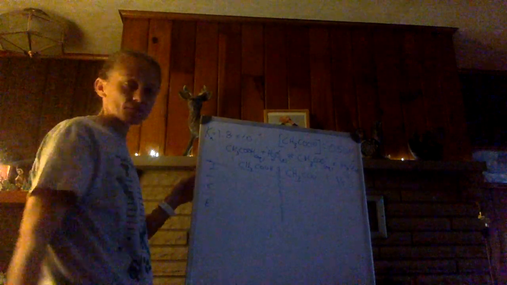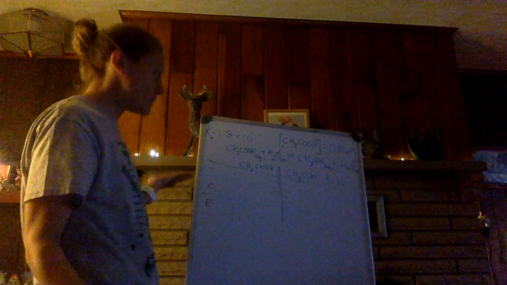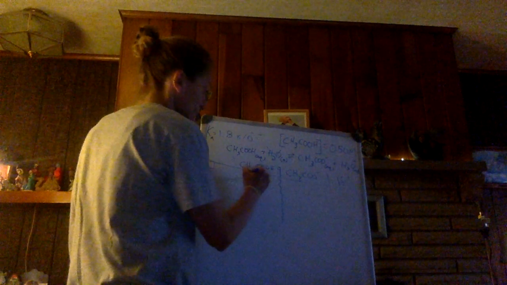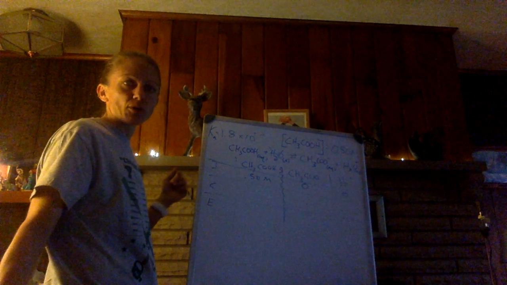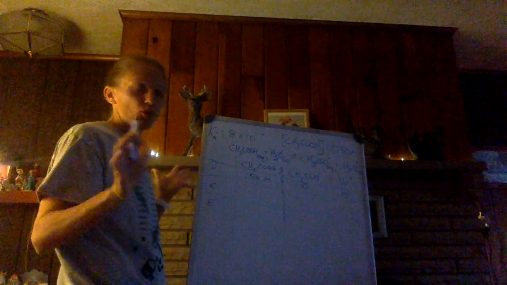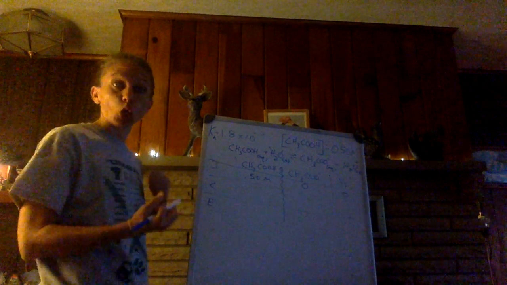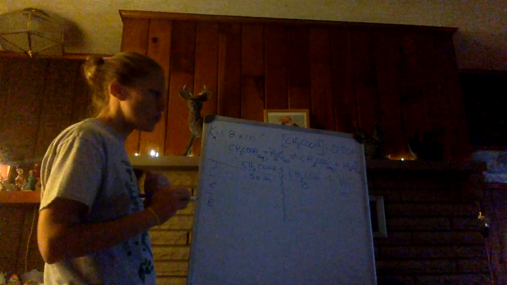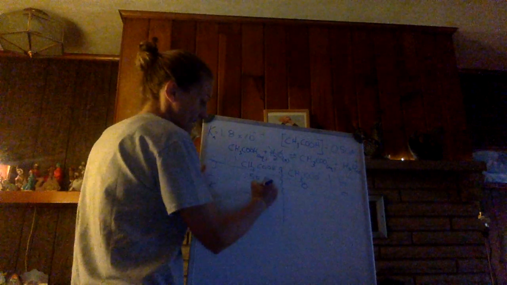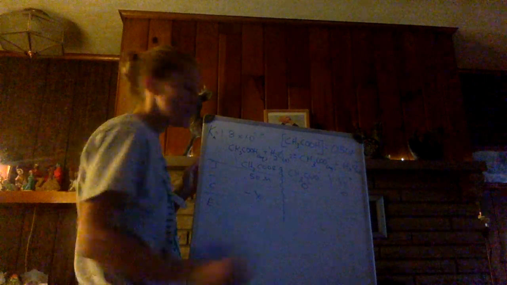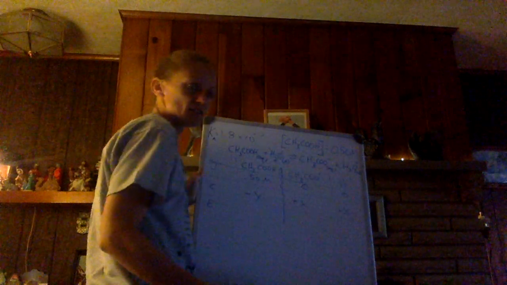and we need concentrations across the board. So initially, I start off with 0.50 molar acetic acid, with it not broken down at all before I throw it in the water. So initial is before it ever hits the water. I know that equilibria for acids and bases are quick, so once I throw it in the water, the acetic acid is going to break down, and it's going to make me the acetate ion and H plus.